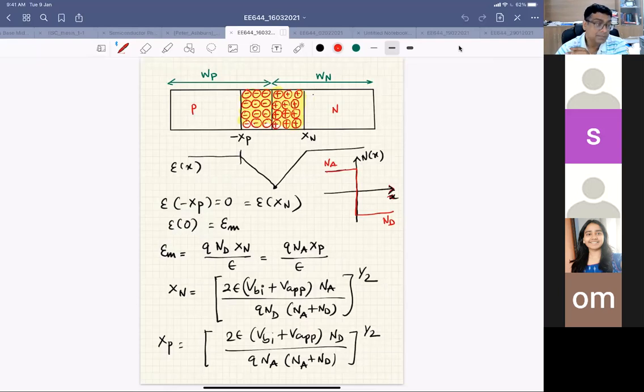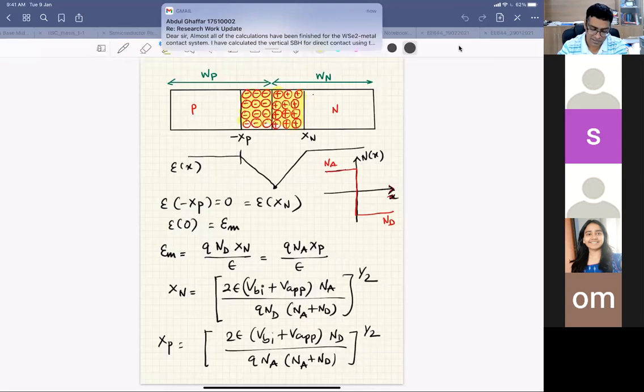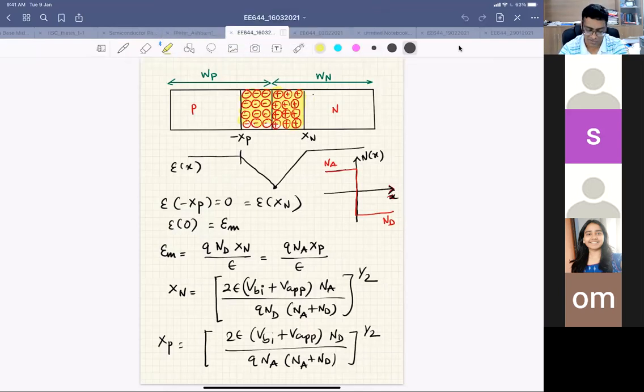We had discussed breakdown in the PN junction. I have just pulled those sheets here. If you recall what you discussed in the PN junction, whether you apply some reverse voltage across this junction or not, the electric field always peaks at the metallurgical junction.